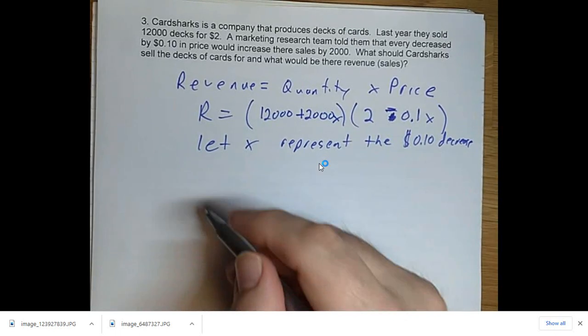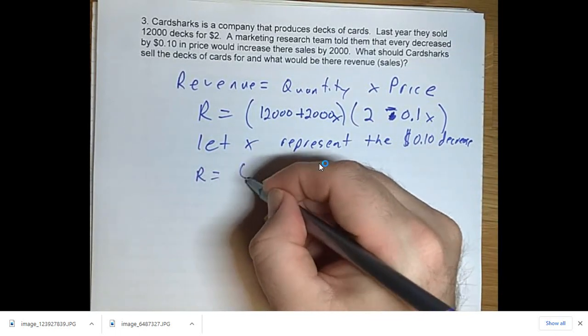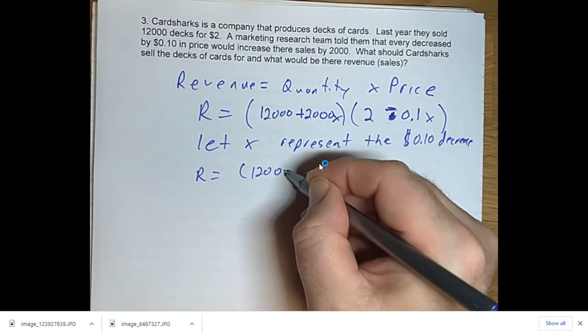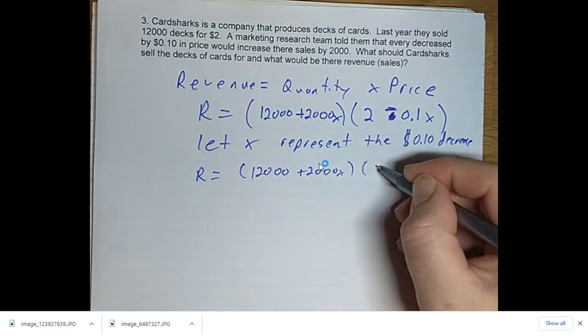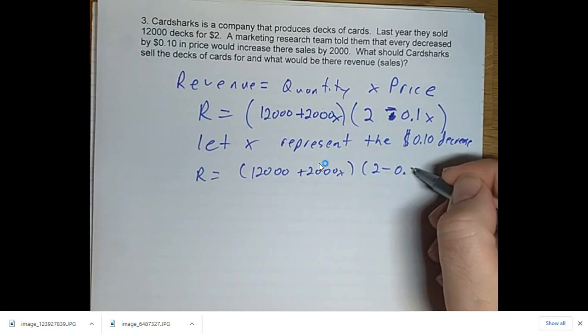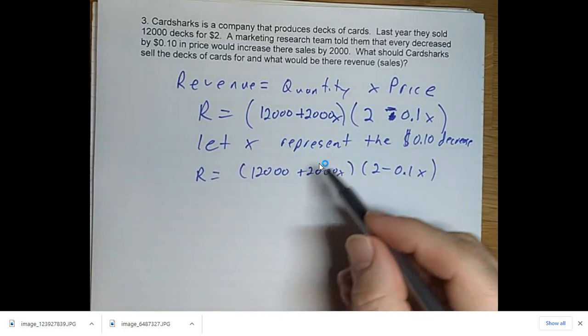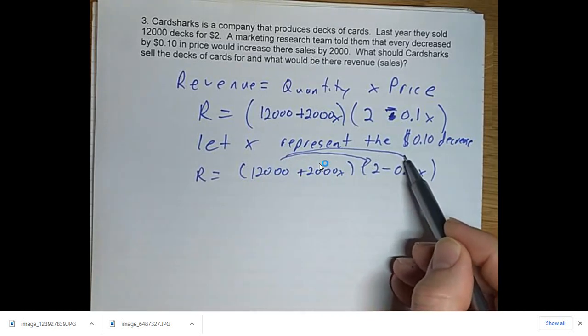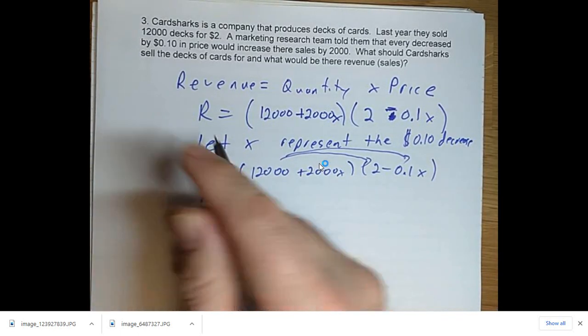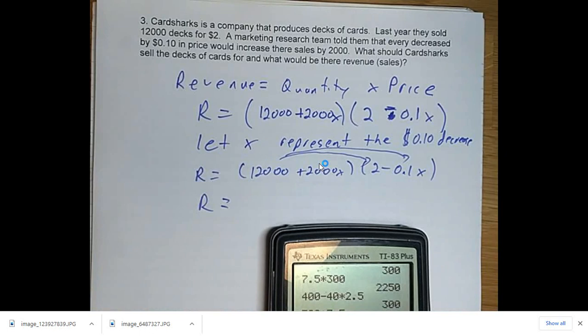I'm going to rewrite the equation here, and we're going to expand it in a second. It's going to be huge numbers here. So we're going to multiply this one times that first. Let me get my calculator out because it's very big numbers.